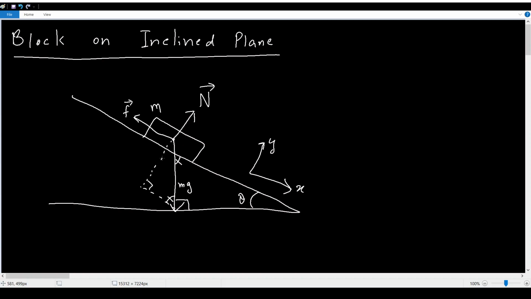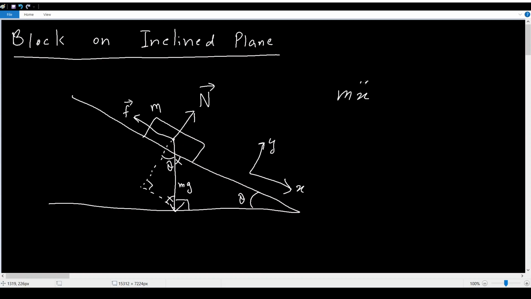So this angle over here is also theta. What this tells us is that the force due to gravity in the x direction is mg sine theta, and in the y direction you have mg cos theta.